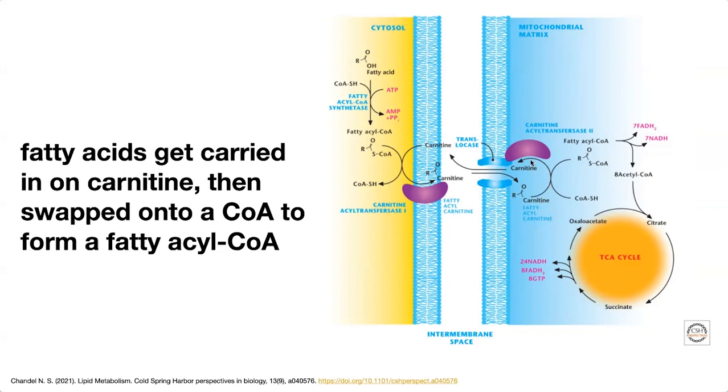Now we want to get the carnitine back. The fatty acid is going to be swapped back onto our CoA to give us a fatty acyl-CoA. And then this carnitine is going to be sent back through so it can pick up another fatty acid.